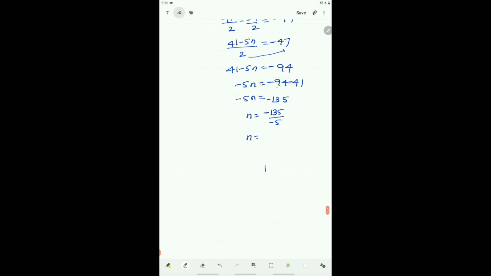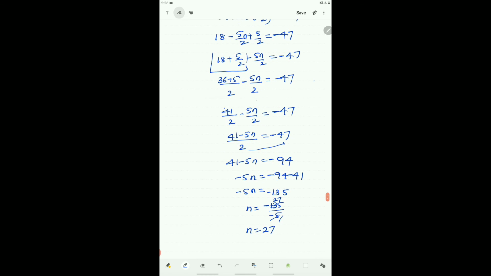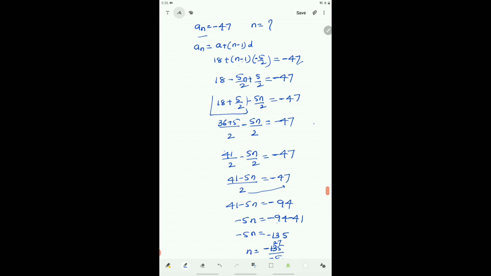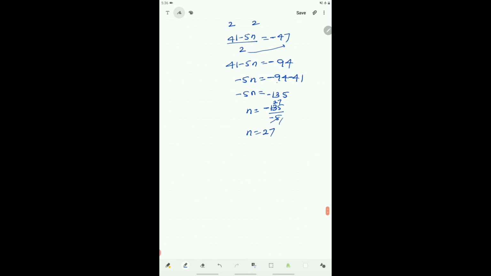So n = 27, since 5 fives are 25, 35 is remaining, 7 fives are 35. n = 27. Therefore minus 47 is the 27th term.